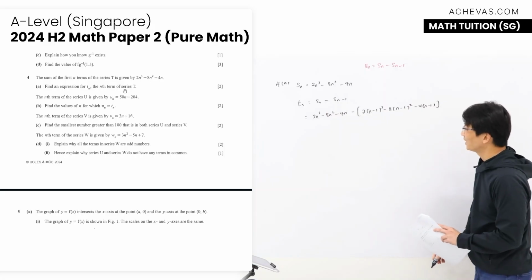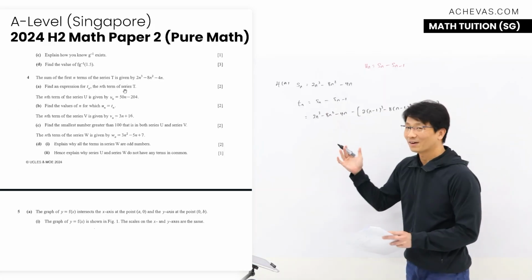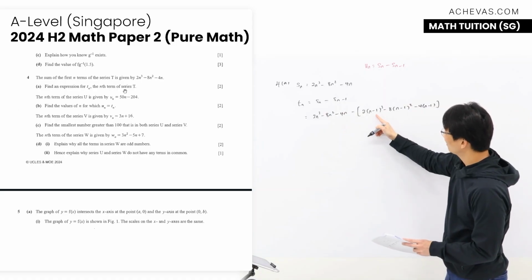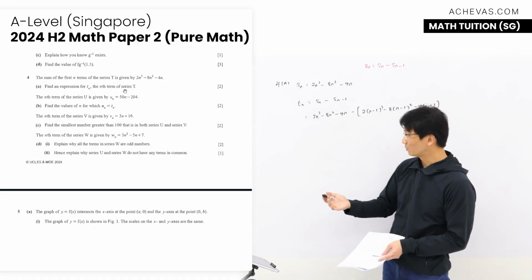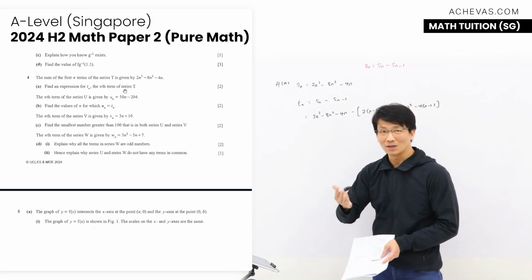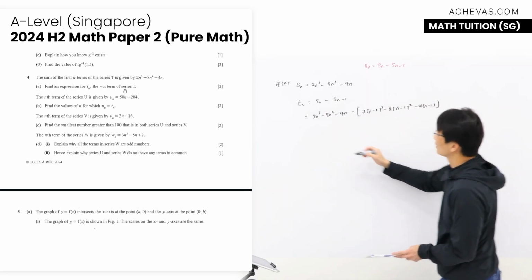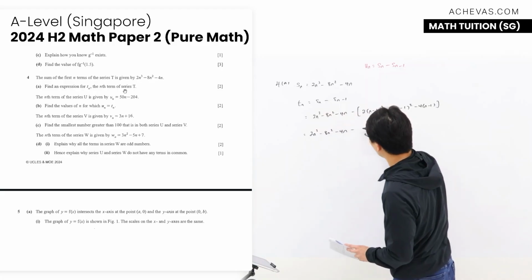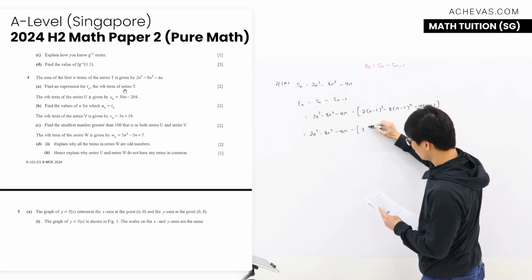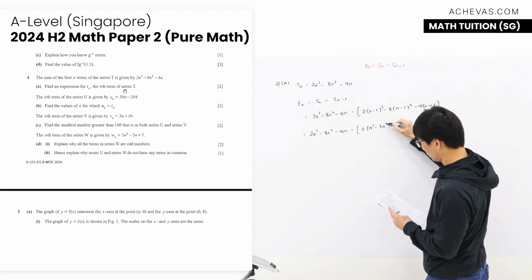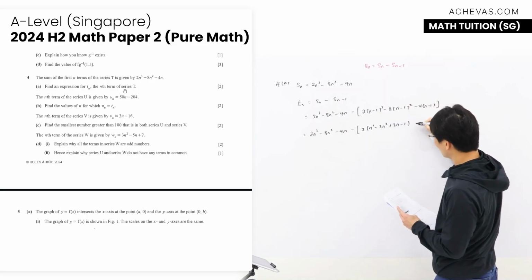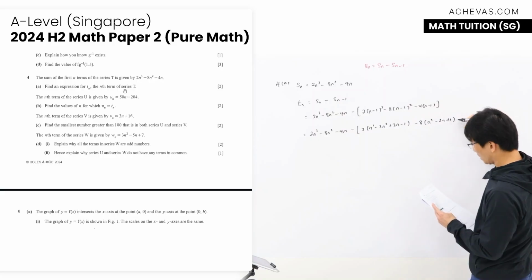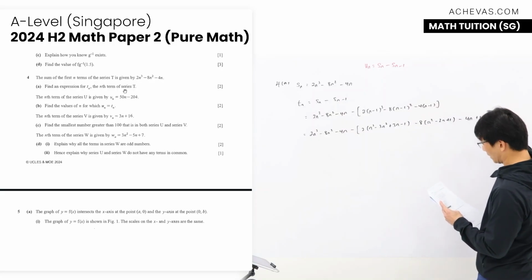Unfortunately, I think we have to expand out everything and simplify it. This is a cubic expression. We can either make use of Pascal's triangle or binomial expansion, or simply make use of the rainbow method of expansion. I will get 2n cubed minus 8n squared minus 4n. Here we will have 2 times n cubed minus 3n squared plus 3n minus 1. Then minus 8 times n squared minus 2n plus 1. This is minus 4n plus 4.